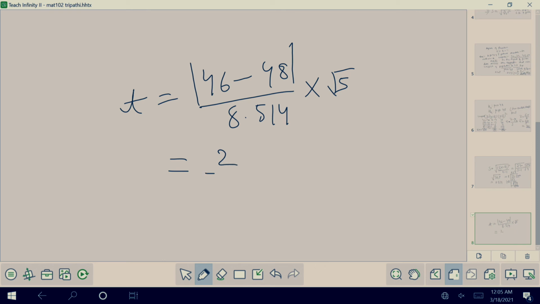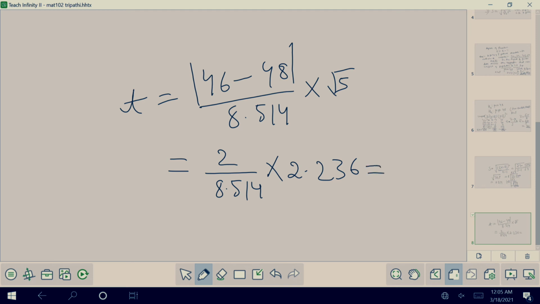So this is the value of 8.51 into 2.236.